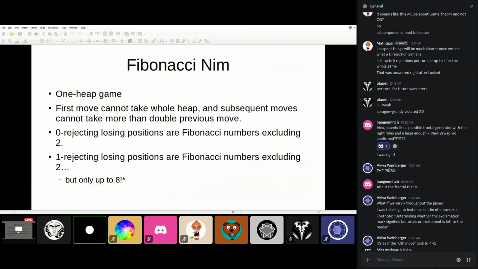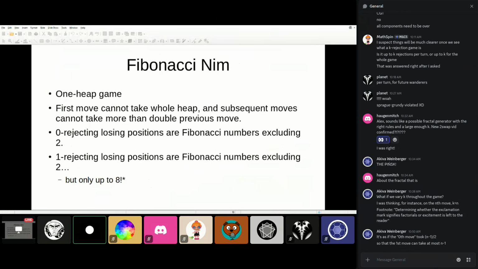So wait, I have another question. I'm very surprised about this result about Fibonacci numbers excluding 2, because once again on move 1, couldn't we just take the whole pile? Never mind, I think I answered my own question.